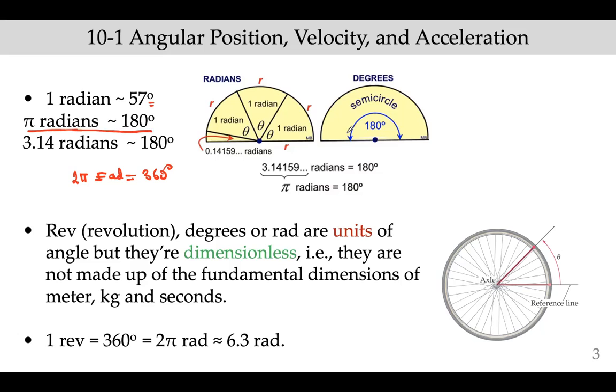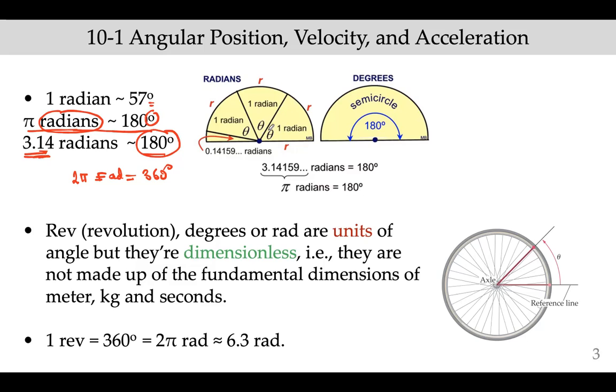So this whole thing you can call pi radians or 180 degrees. Degrees and radians are both units. Pi radians means approximately 3.14 radians equals 180 degrees. So within 180 degrees, there are approximately 3 radians and a little bit more.